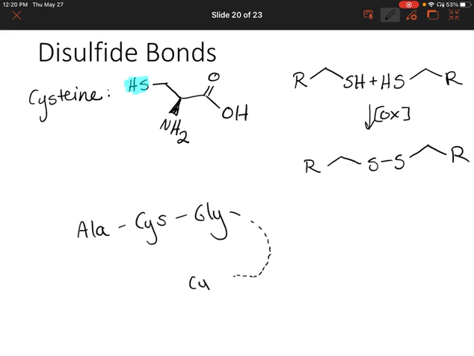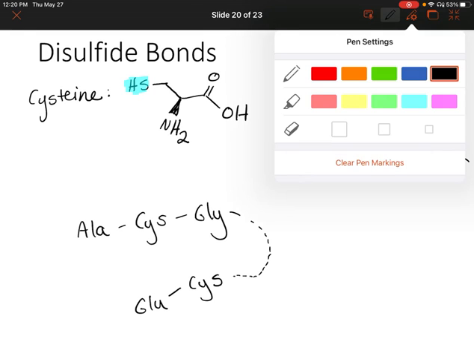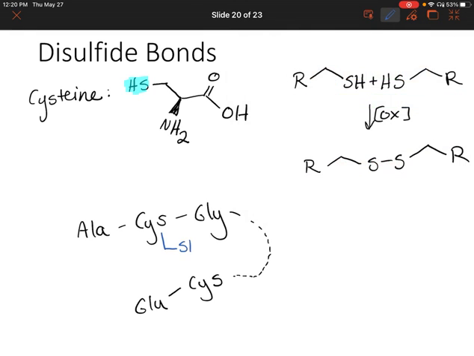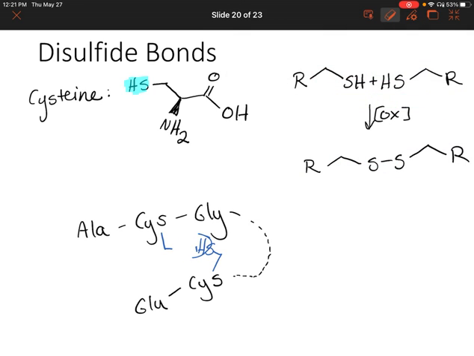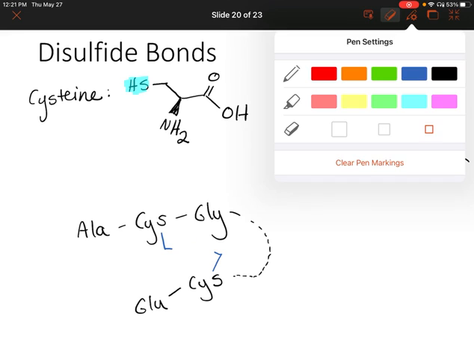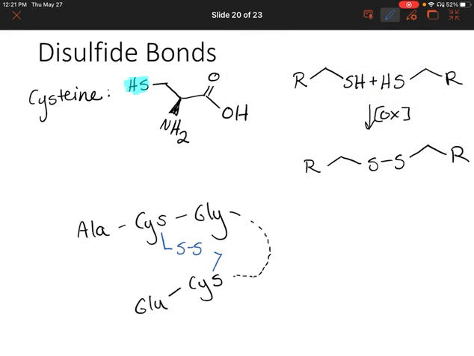What can happen is the peptide chain can curl around so that eventually the side chains on two of the cysteine amino acids can meet up and form a disulfide bond. Once that bond forms, we've got something called a disulfide bridge.